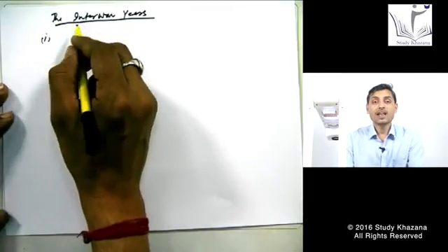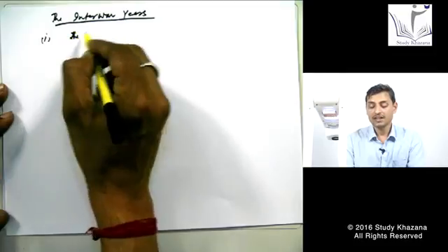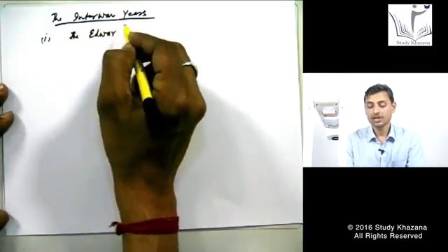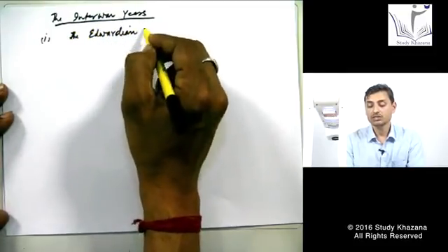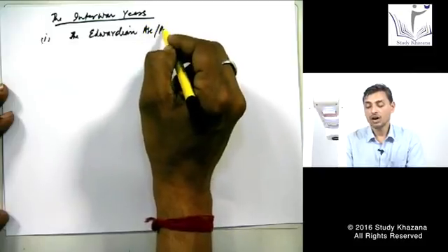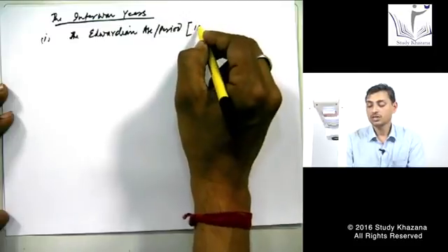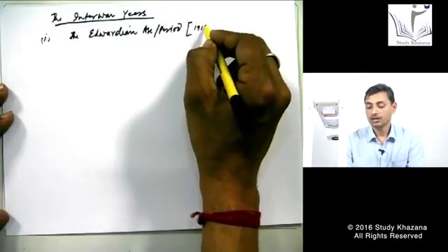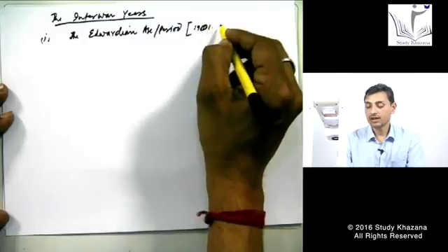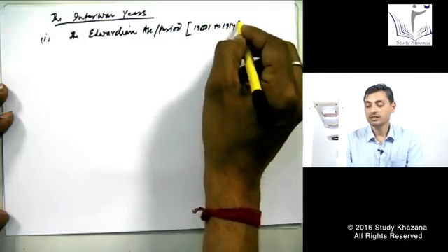As we turn to the sub-classification of the age, we find that there is the Edwardian age or period, and this is from 1901 to 1914.